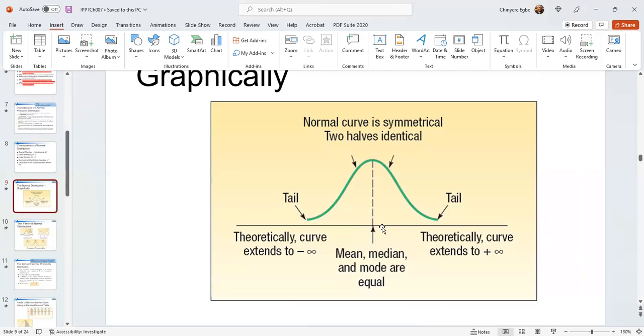So if you go one standard deviation from 0 to 1, the area under the curve is the same as one standard deviation to the left. And the normal distribution continues infinitely from 0 to plus infinity, and from 0 to minus infinity.